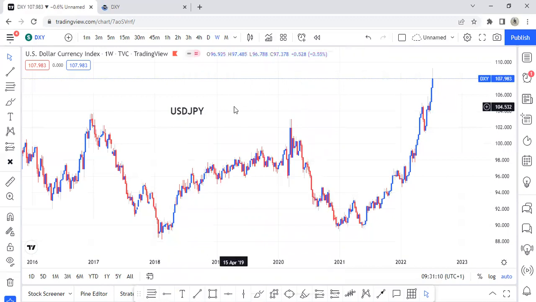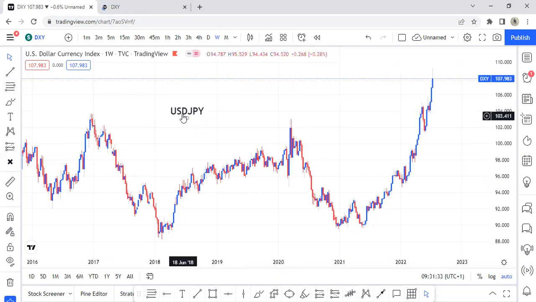When you're trading a pair that the USD is against, we have what they call the base and the quote currency. But basically, when you see a pair that has USD as the prefix, you should expect that pair to have the same structure as the dollar index.